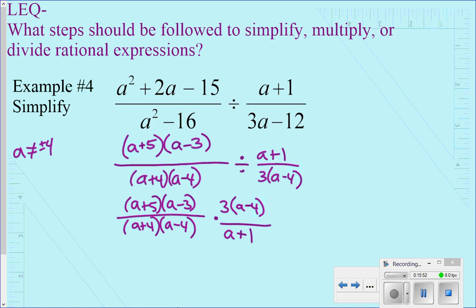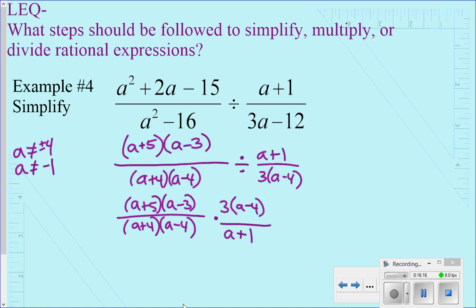So you have to include anything that causes domain restrictions from the original problem. But when it's a division problem, you also care about the denominator of the simplified problem after you've changed to multiplying by the reciprocal. So I need to include a also cannot equal -1 from setting a plus 1 not equal to 0 and solving.